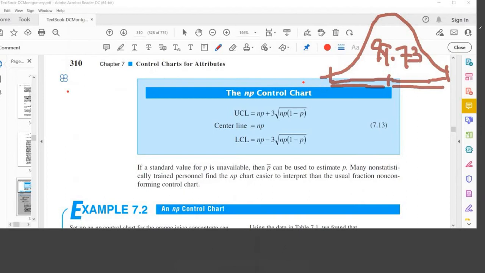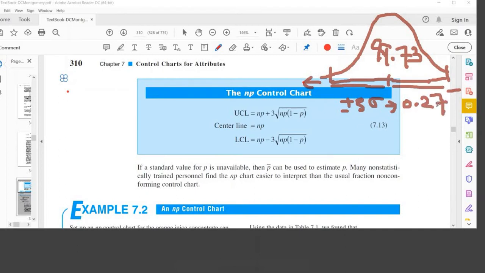So a false alarm happens when a point is outside this, when the process should be stable. So the probability of having a false alarm using plus minus 3 sigma is given by 0.27.